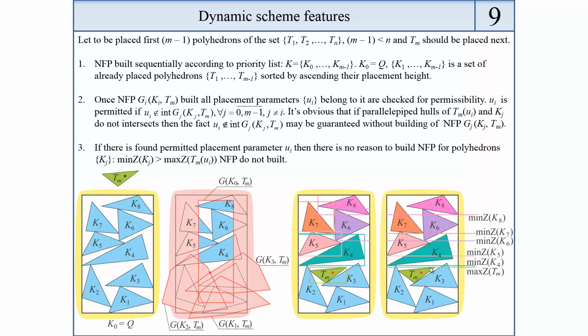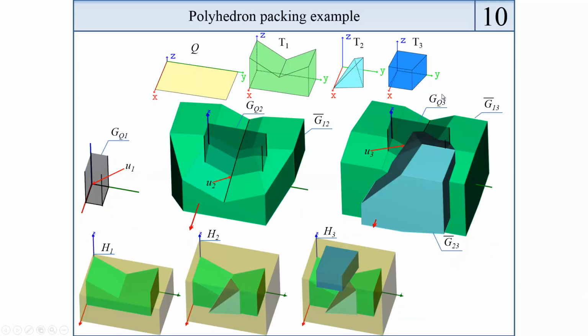The reason is that our deterministic method is aimed at finding the lowest permitted placement parameter. All placement parameters may be found by considering the concavity vertices of the union of constructed NFPs.